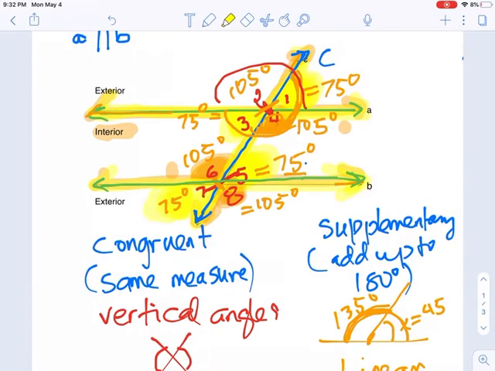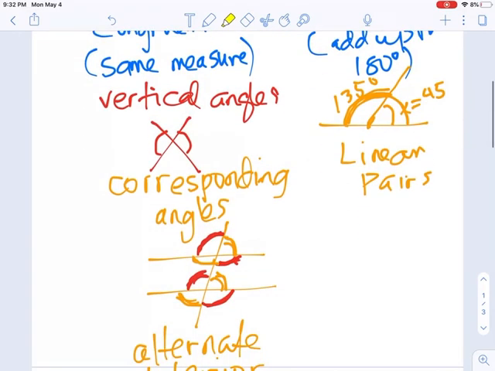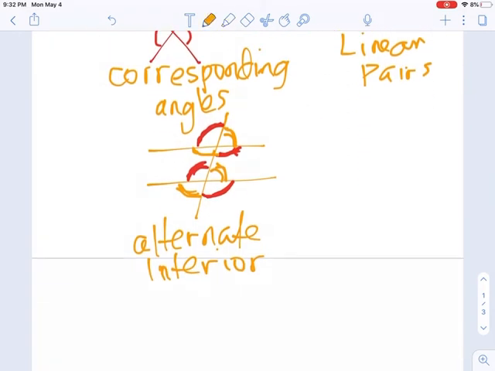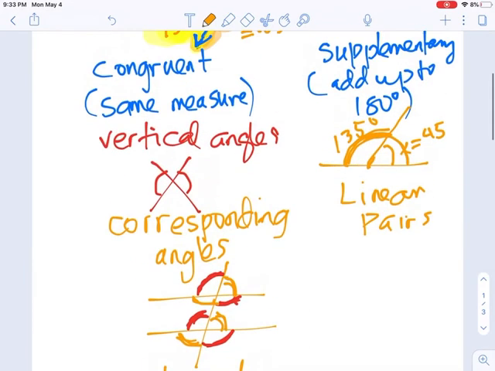But they are also outside, exterior of the parallel lines. So, and they are exactly the same, they are congruent, they are the same measure. So we can also say that we have alternate exterior angles. Alternate exterior angles. These are all the angles that are congruent that we have there.